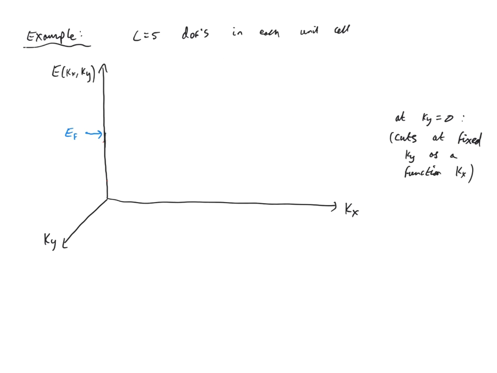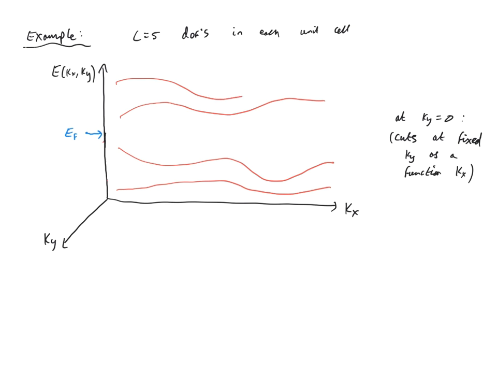By contrast, in an insulator, I could imagine a certain band structure that has a gap in the bands, whatever they may look like. Again, I'm just sketching something totally arbitrary here for illustrative purposes.